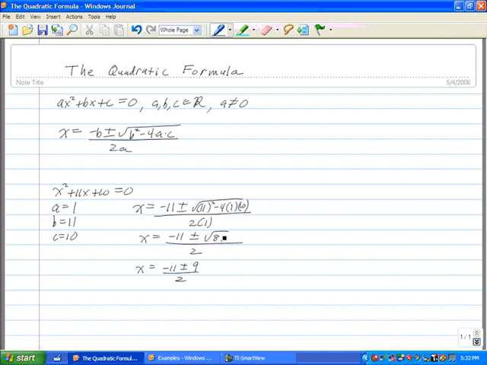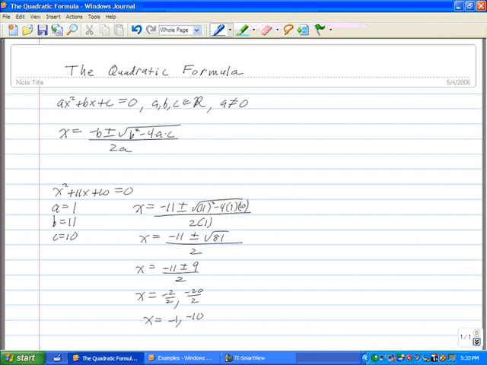And since that 81 was a perfect square, I was able to take its square root, and I will now be able to do this addition. Negative 11 plus 9 is a negative 2. Negative 2 over 2 is one answer. Negative 11 minus 9 is a negative 20. When I reduce these two fractions, there I have my two answers.